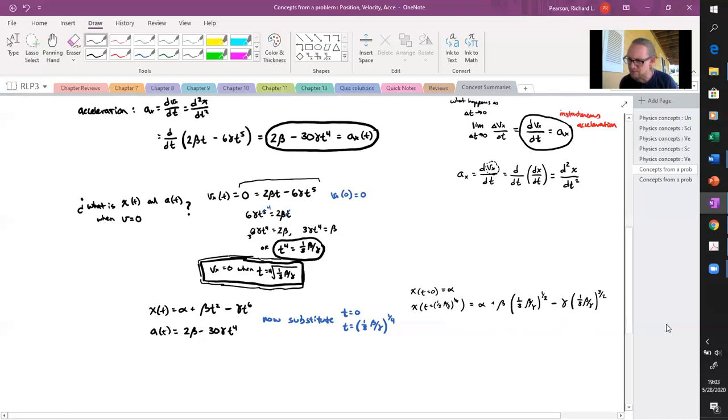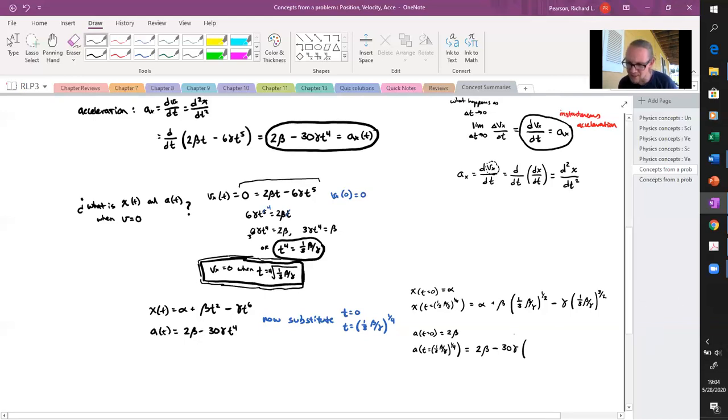Now let's look at the acceleration. So for the acceleration at t equals 0, we get 2 beta. Fairly straightforward. For the acceleration when t is equal to the fourth root of 1/3 beta over gamma, it's equal to 2 beta minus 30 gamma times, notice this is t to the fourth, right?